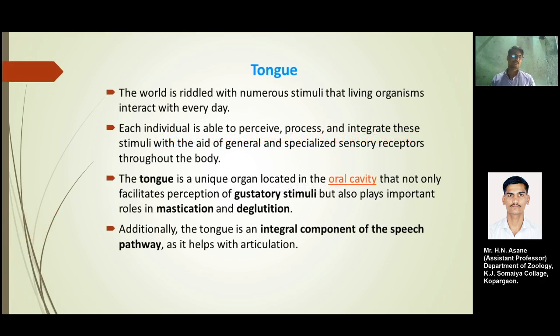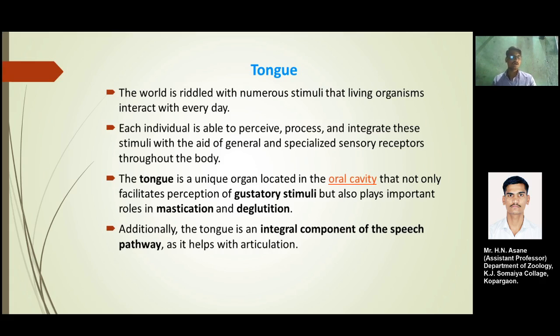tongue. The tongue is a highly muscular organ composed mainly of striated muscles. The muscle fibers are arranged in longitudinal, transverse, and vertical directions.